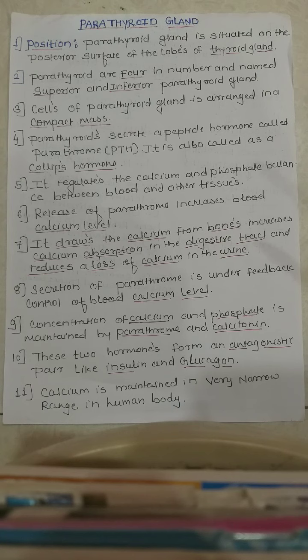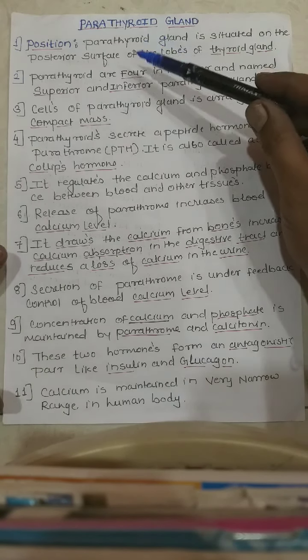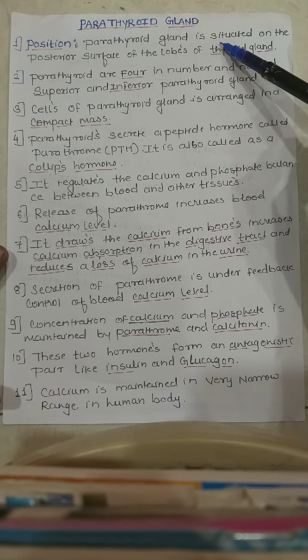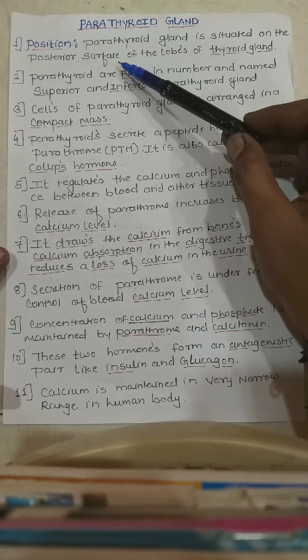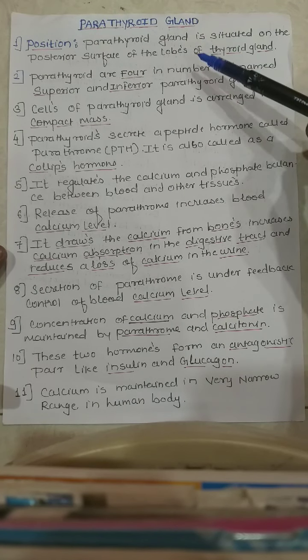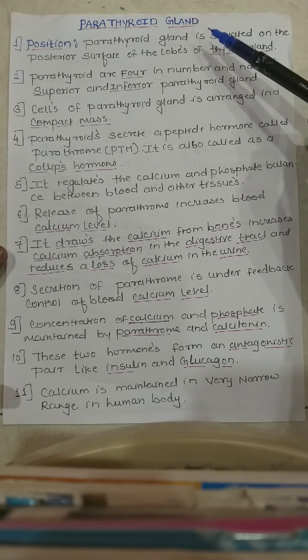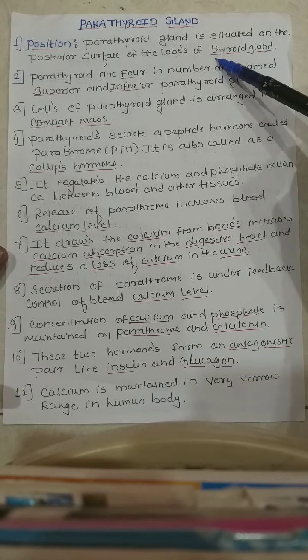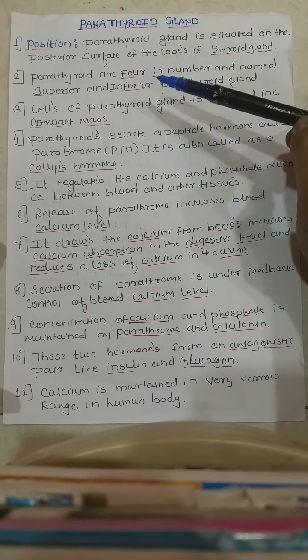That is a bilobed gland, and the parathyroid gland is present at the posterior side of the lobes of the thyroid gland, on the posterior surface of the lobes.